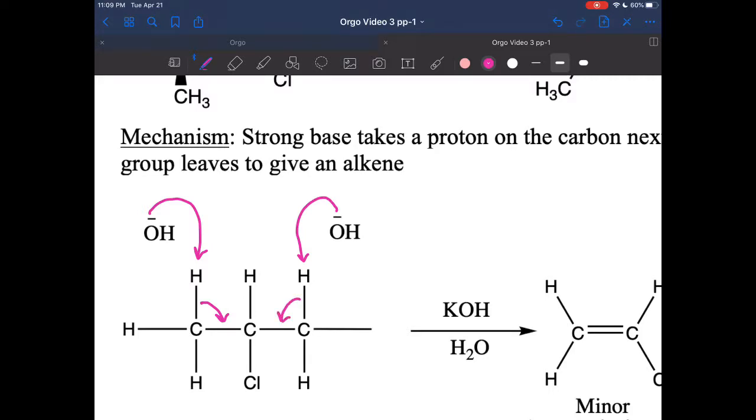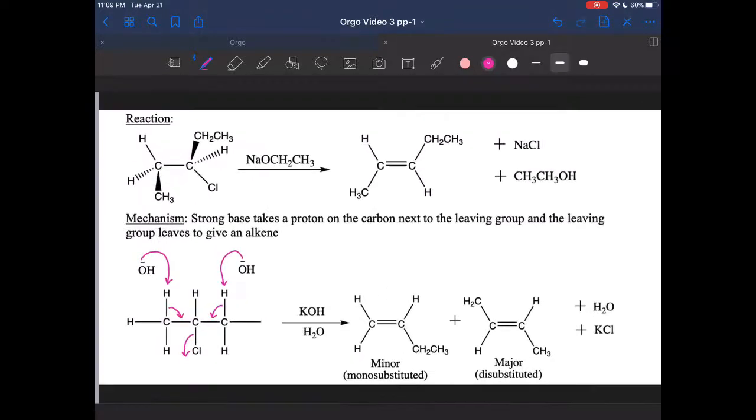And this chlorine will be our leaving group. This will give us our minor or mono-substituted product and our major or disubstituted product. The major product is disubstituted because it is more stable.